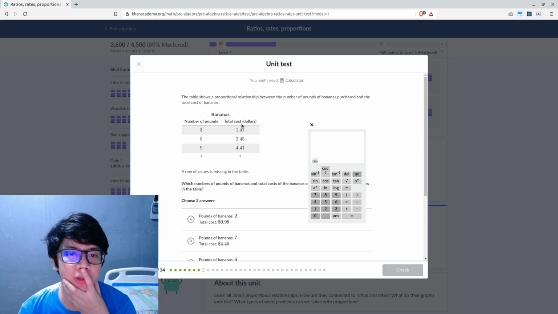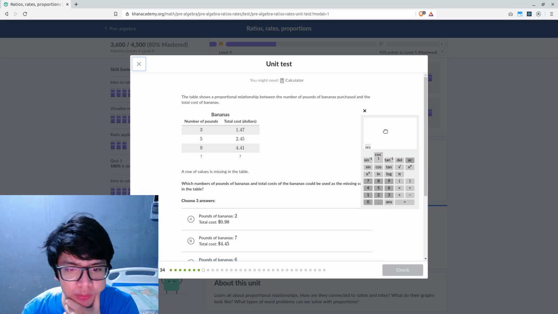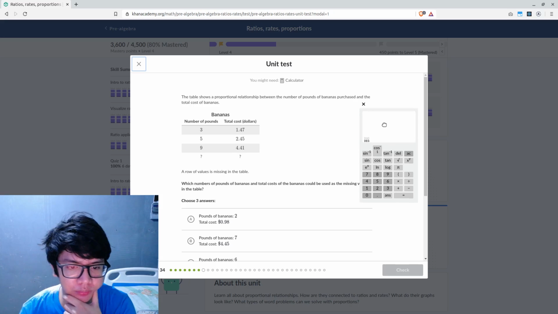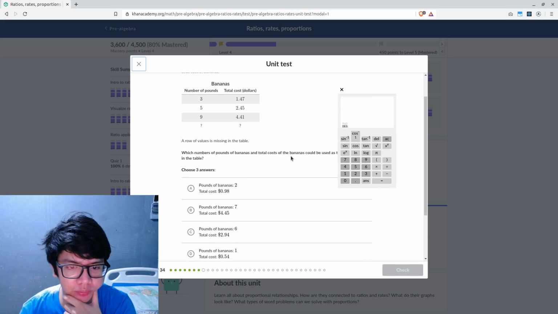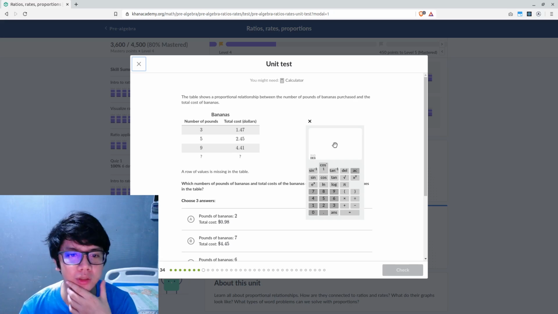The table shows a proportional relationship between the number of pounds of bananas purchased and the total cost of bananas. Proportional relationship. Okay. So let's see.